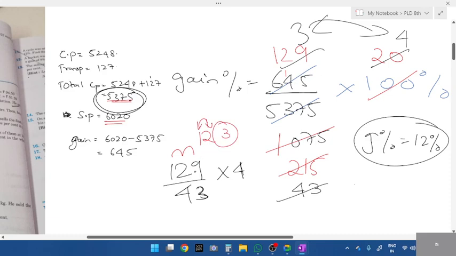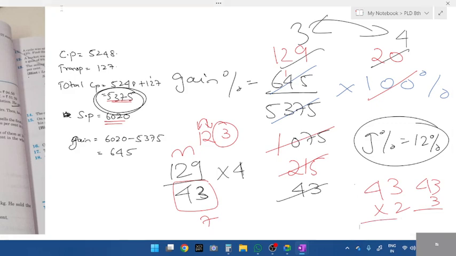So 129 is divisible by 3. What about 43? 4 plus 3 is 7. Therefore, it's not divisible by 3, right? So 129 and 43 don't have any common factor. If there is no common factor, take 43 and multiply to get the answer. Is it clear?